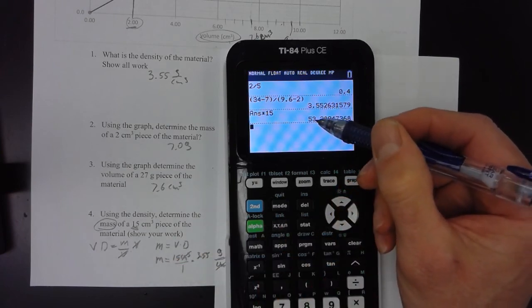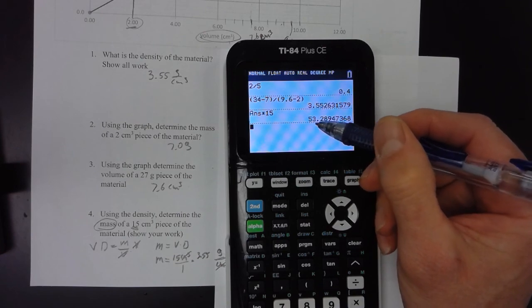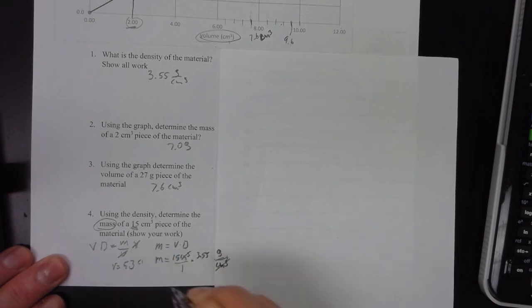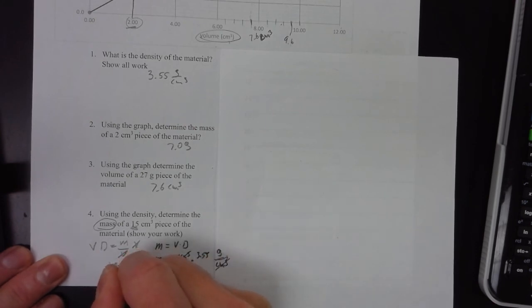The only one we know for sure is the 3, actually, and it's even an estimate. So that volume is 53. Nope, that mass, I'm sorry, that mass is 53 grams. All right, there we go. A couple sample problems using graphs and density.